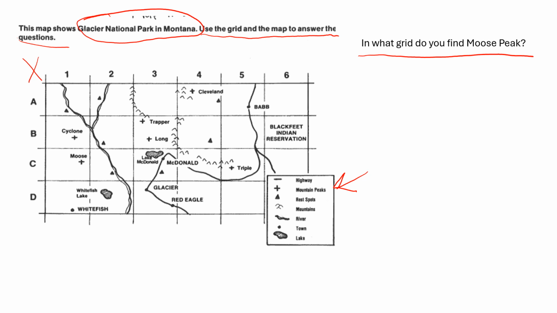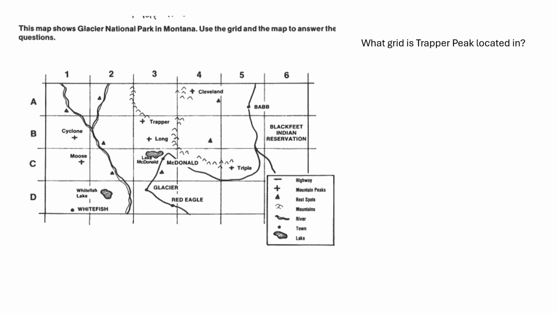Next question, number 2. What grid is Trapper Peak located in? Remember, we're looking for a peak. This symbol tells me what a peak is, looking for the word Trapper. Which grid is Trapper Peak located in?